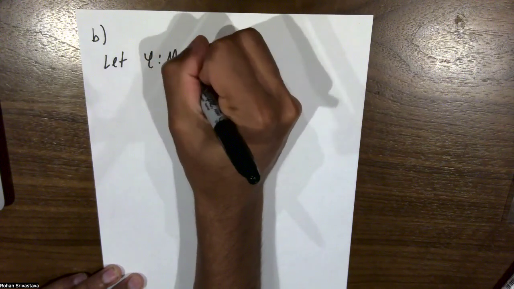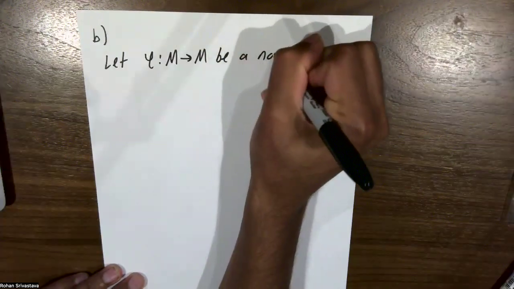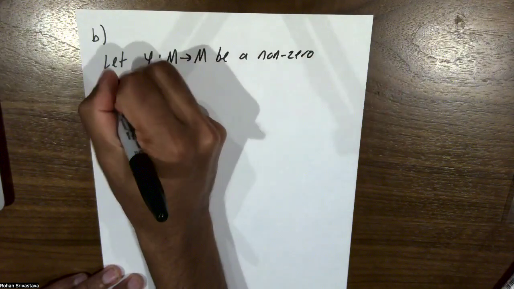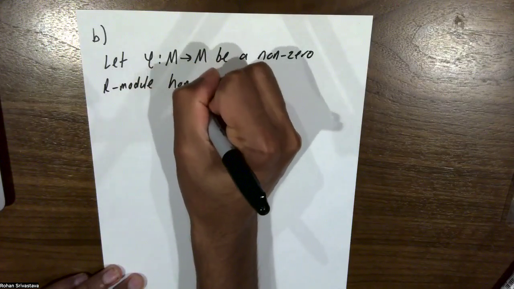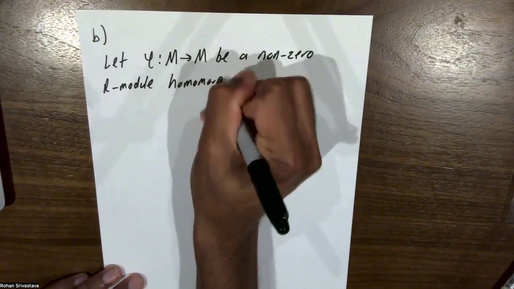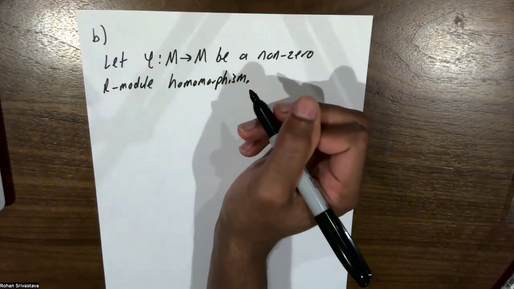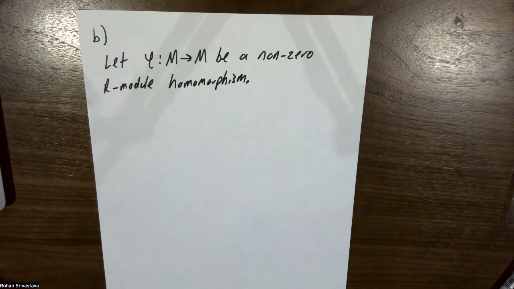Let phi from M to M be a non-zero homomorphism, right? So we have an R-module homomorphism from M to itself, and we have one that's non-zero. So we have to show that it's invertible.